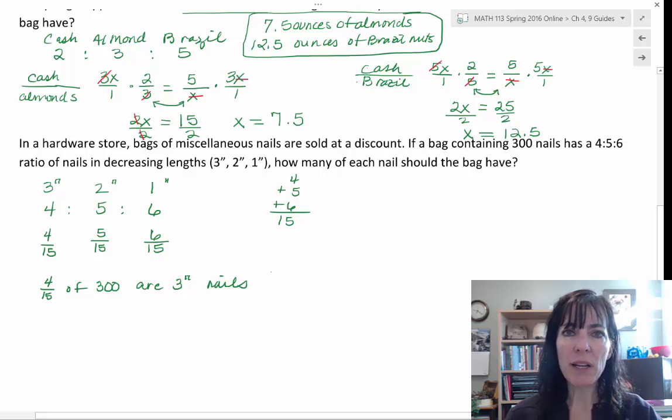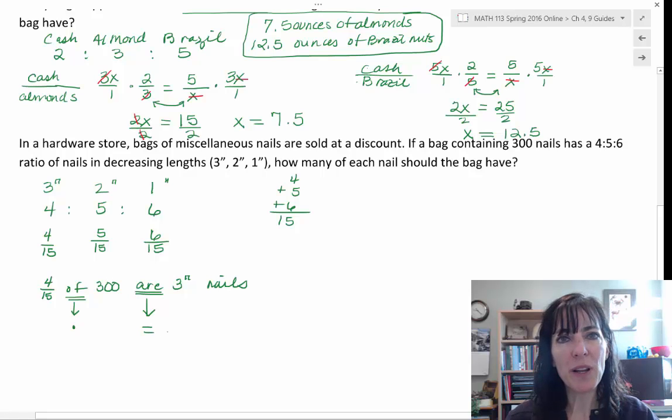I wanted to write it like that because I wanted to introduce you to this idea that the word of, if you write out a sentence similar to this, converts directly into multiply. And are or is converts directly into an equal sign.